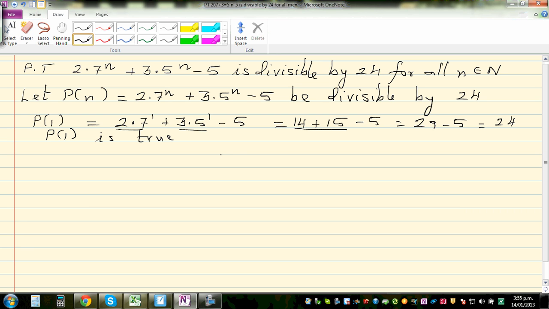So this is how we prove by mathematical induction. We'll take P of 1, and that's true. And we'll say let P of m, which is equal to 2 times 7 to the power m plus 3 times 5 to the power m minus 5, be true.